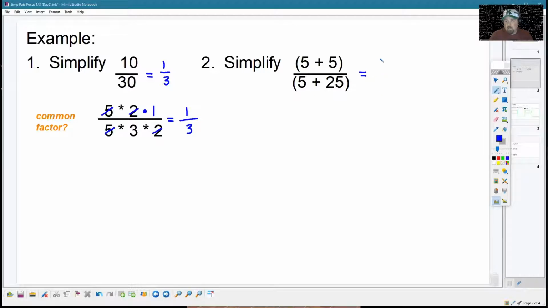So this is really 10 over 30. Had I canceled these out first, I would have had 5 over 25, which does not give me the 1/3 that I know the answer is. Since they're not the same, that means I can't do that first. I have to add those numbers to be able to find the common factors like we did here and cancel.